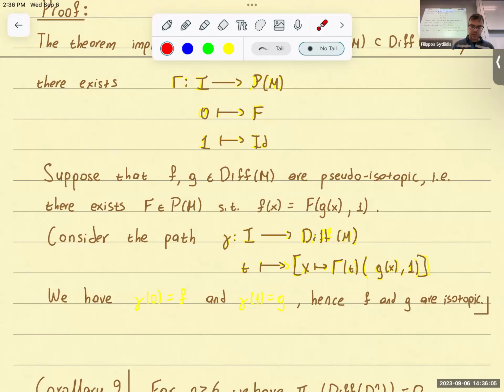What's happening at t equals 0? At t equals 0, capital gamma of 0 is just capital F, and capital F of g of x, comma 1 is just f of x. So at time 0, little gamma of 0 is f. And at time 1, capital gamma of 1 is the identity, so that's just going to be g.